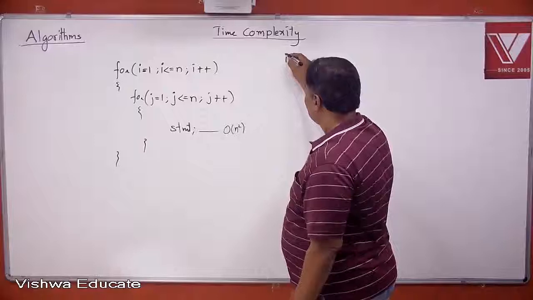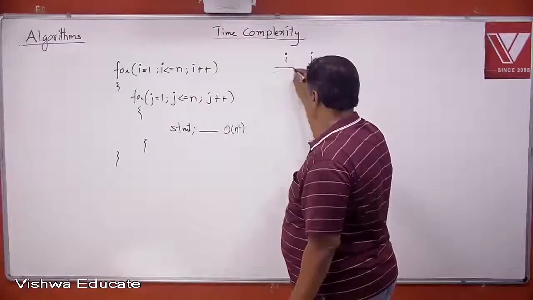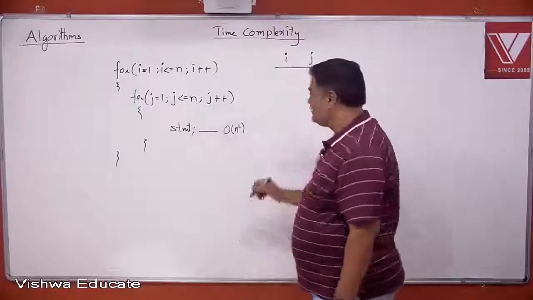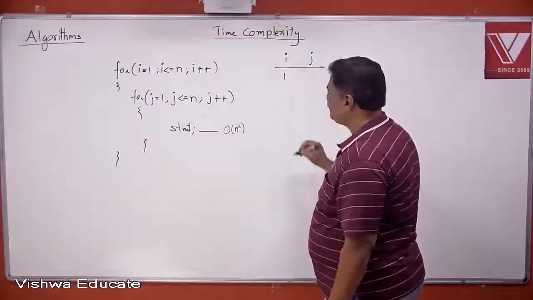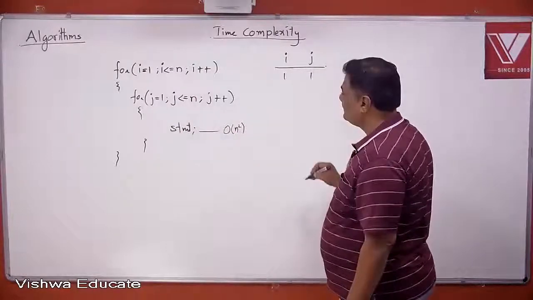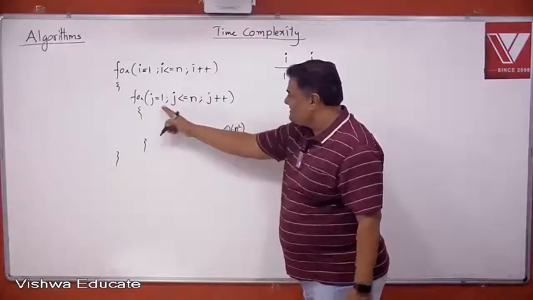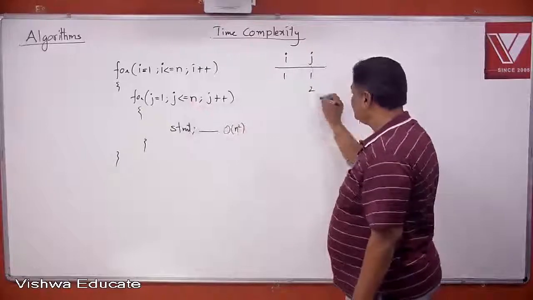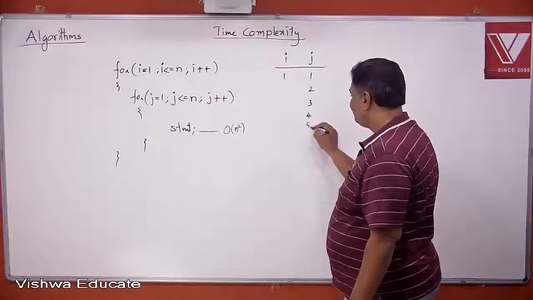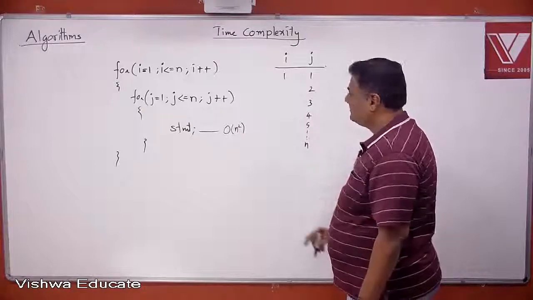Let us take, what are the values i and j are taking? See, for every value of i and j, this statement is executed. First time i is 1, then enters inside, then j is also 1. Then i is still 1, j becomes 2, then 3, then 4, and goes on up to n.